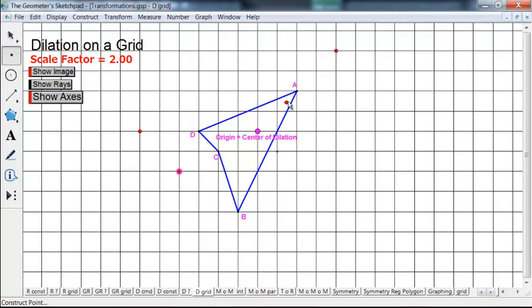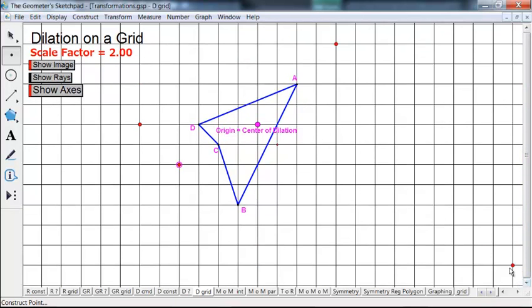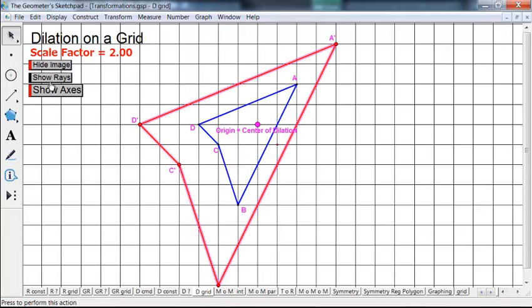And D is down 1, 2, 3, 4, so I go down 8. Try again: 1, 2, 3, 4, 5, 6, 7, 8. And instead of left 1, we go left 2. So those are the ends, and that gives us an image.